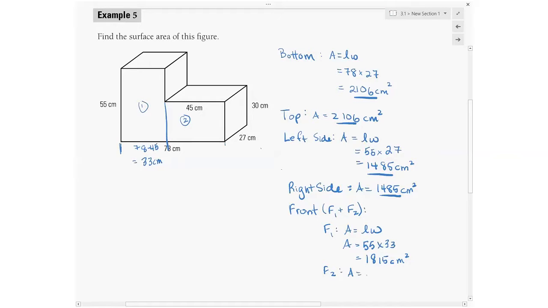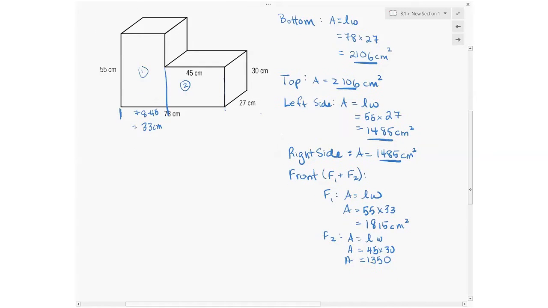Still a rectangle, length times width. So the area is equal to, well, the length here is 45, right here is my 45, and then the width, this line right here, is 30 centimeters. So the area is 45 times 30, which gives me 1,350. Let's scroll down a little bit.